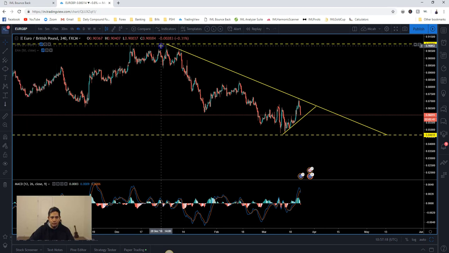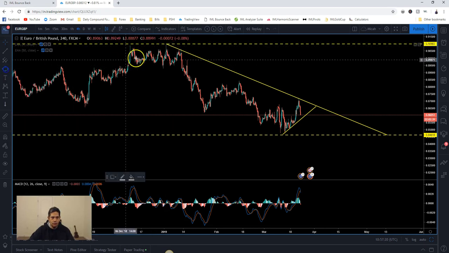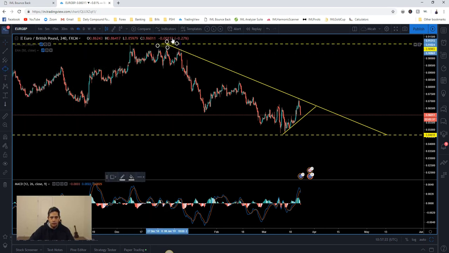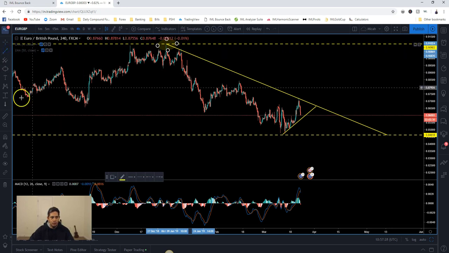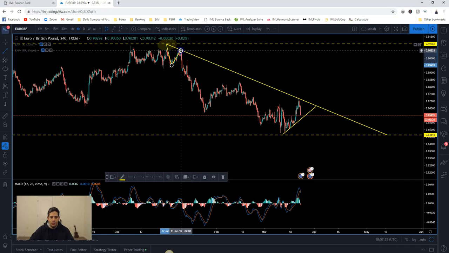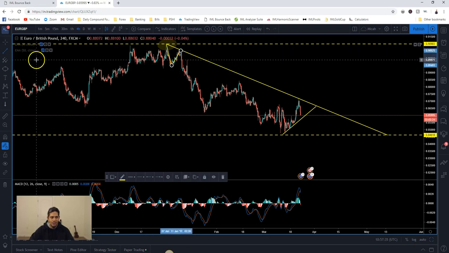So it came here and it reversed. Right there, reversed. The market came down from here, came back up and touched that trend line. So that's another one.